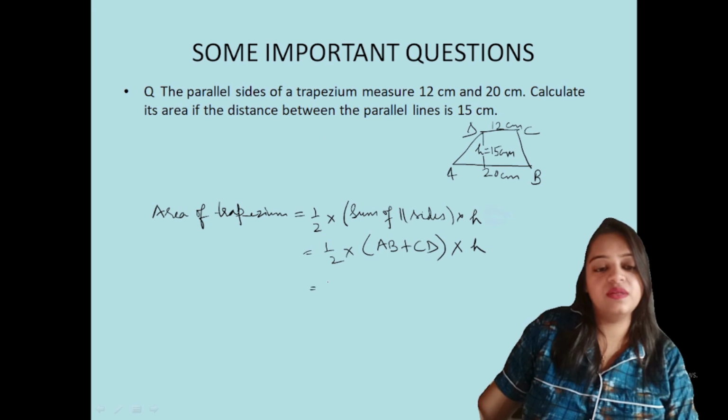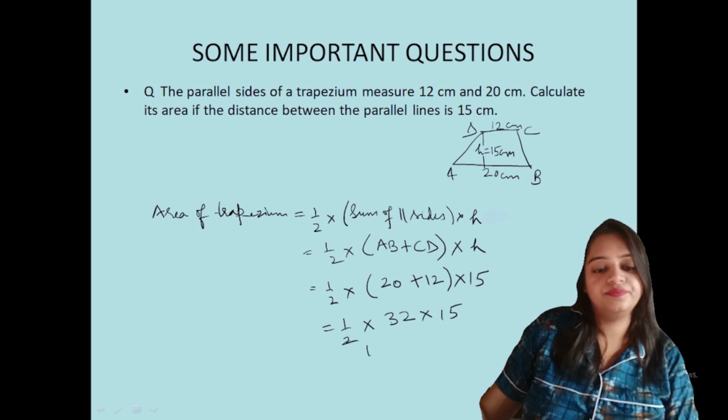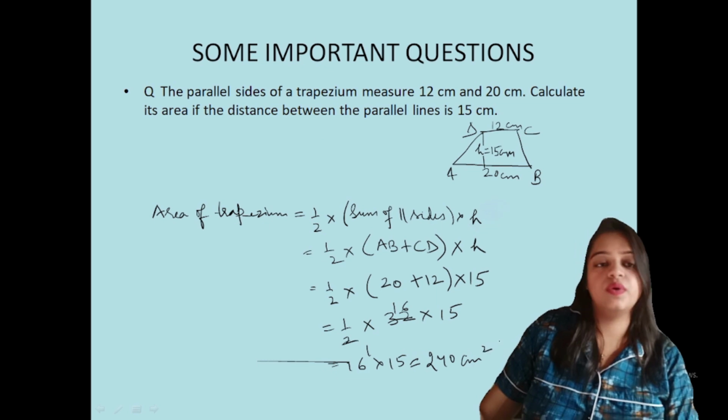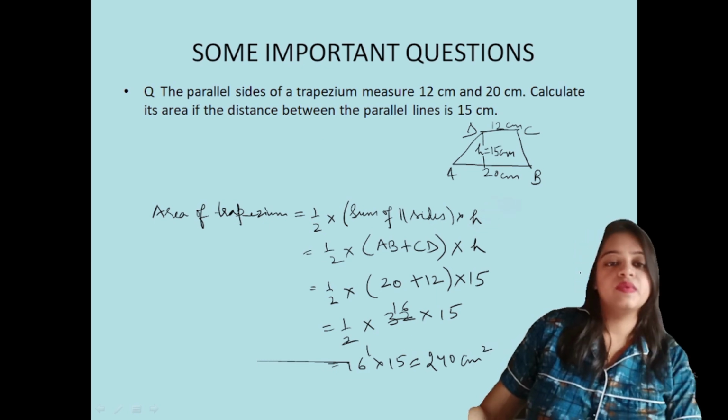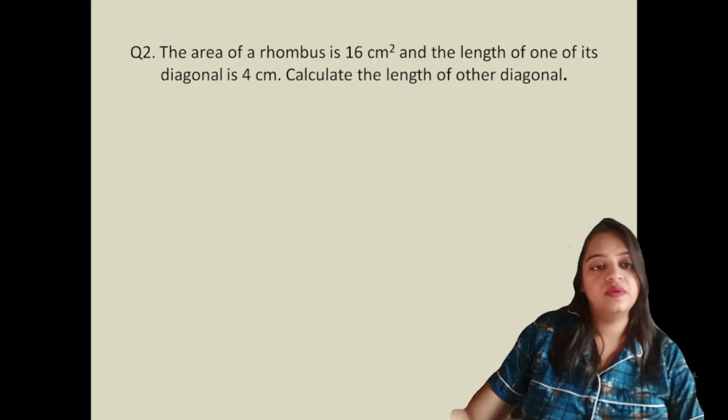Let's put the values now. This is half into (AB is 20, CD is 12), height is 15. Let's solve the bracket first. 20 plus 12, 32 into 15. This is 16 into 15, which is 240 centimeter square. So this is the question and the solution. Let's move to the next question now.